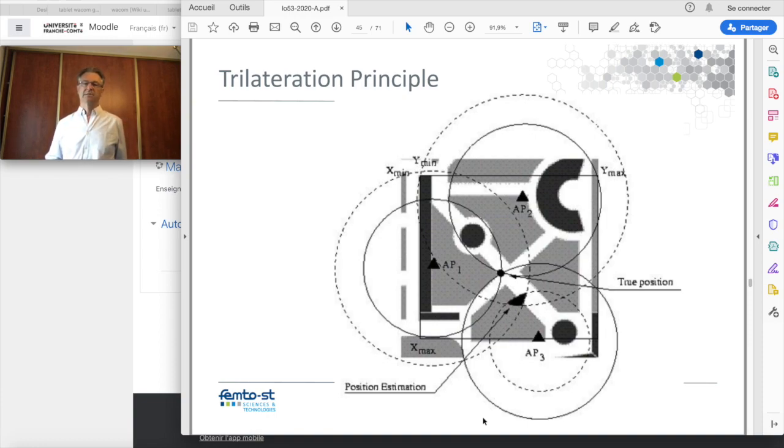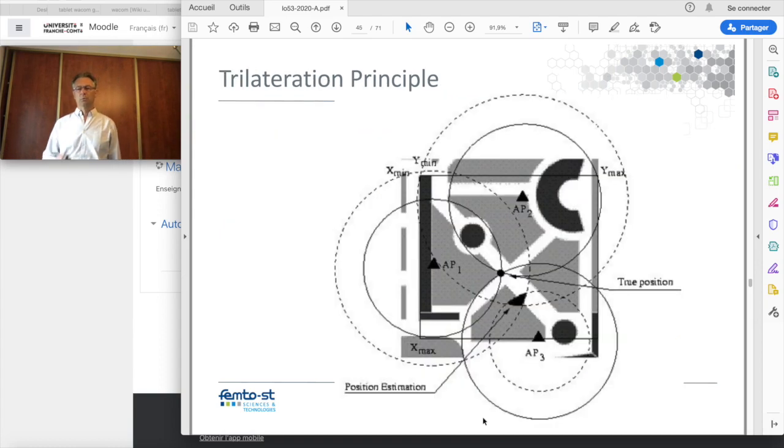The intersection of the 3 circles is not one point, it's a small area, and if this small area is quite small, that means you have accurate measurements, but if this area is quite big, you can have some doubt about the accuracy of the result.